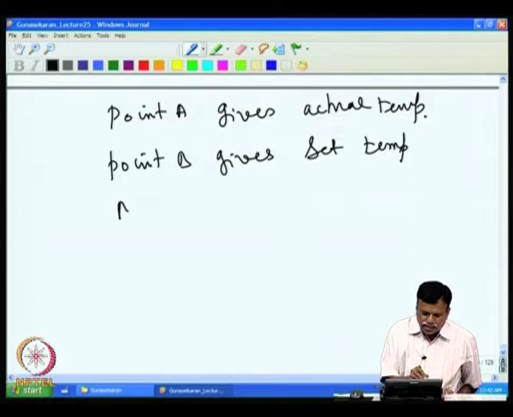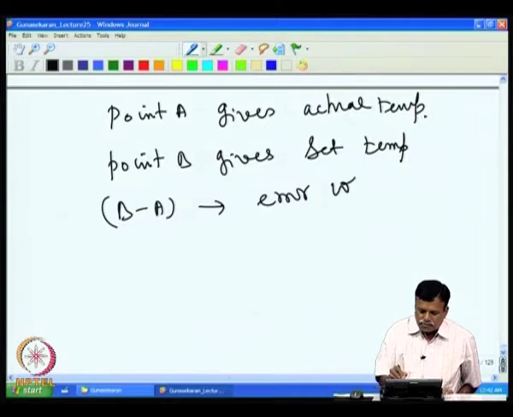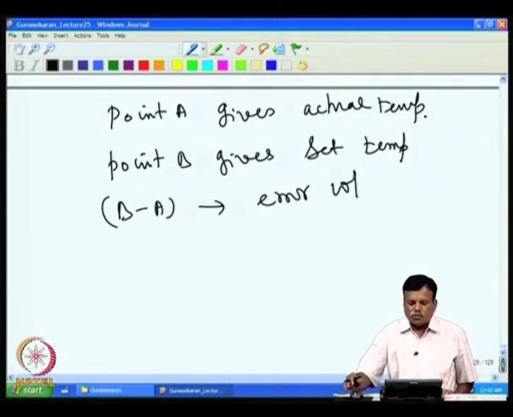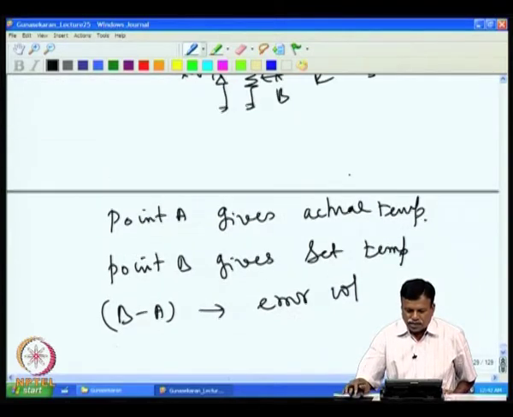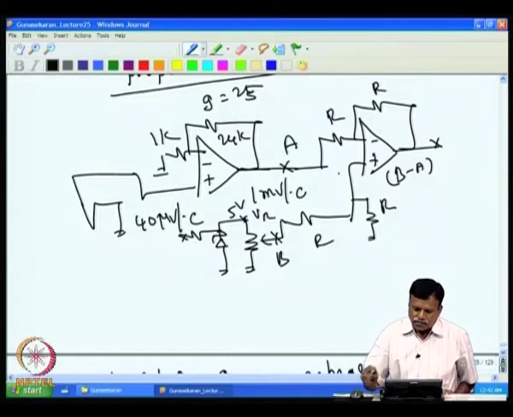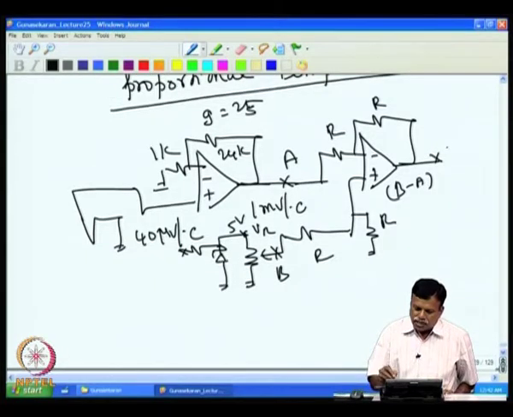B minus A is the error voltage. There is a difference between the set value and the actual temperature, and it comes as the error voltage. This error voltage is amplified and given to the heater to make it a controller.